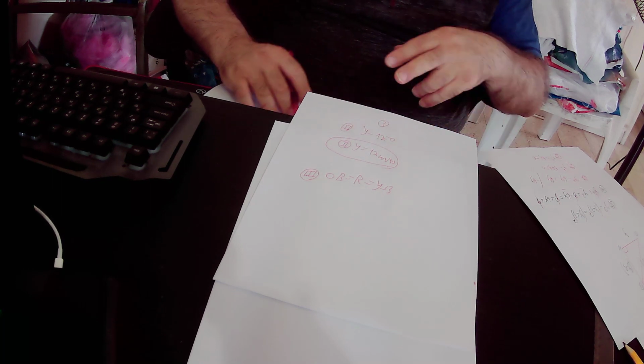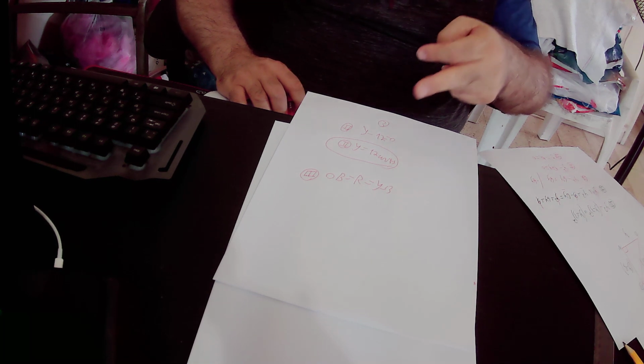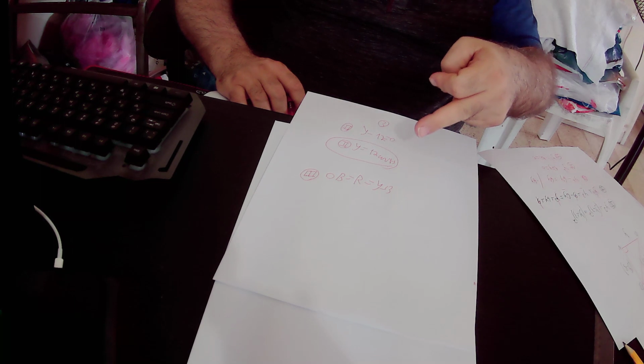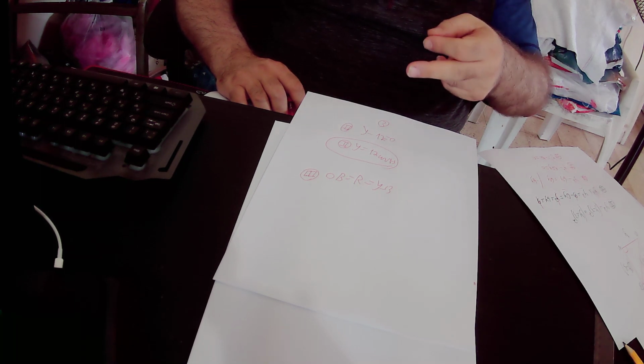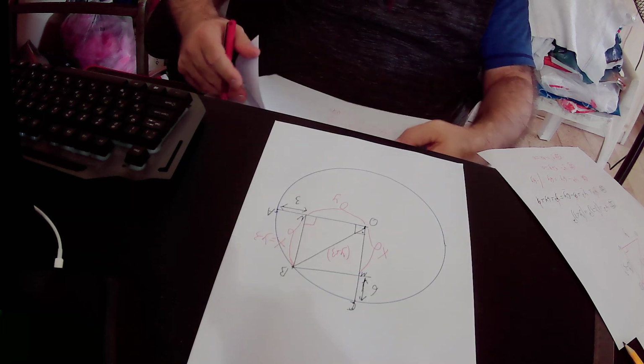Okay, and we found out that y equals to 12. So the radius of this circle is y plus 3, that is to say 12 plus 3, that is to say the radius of the circle equals to 15 units.